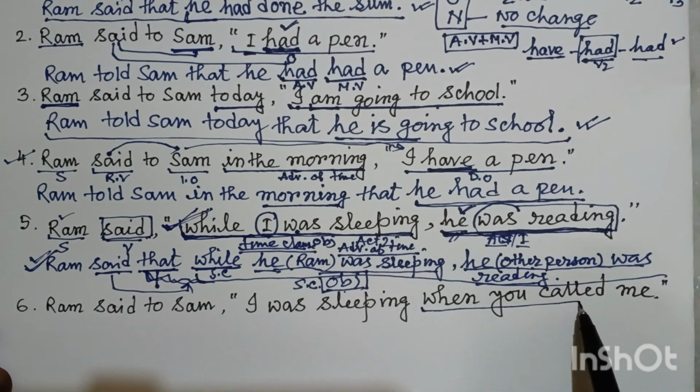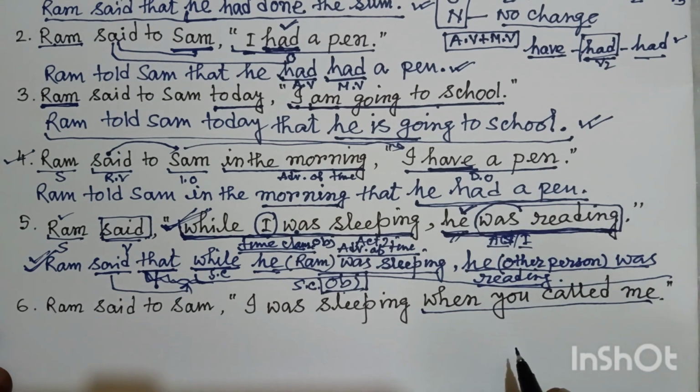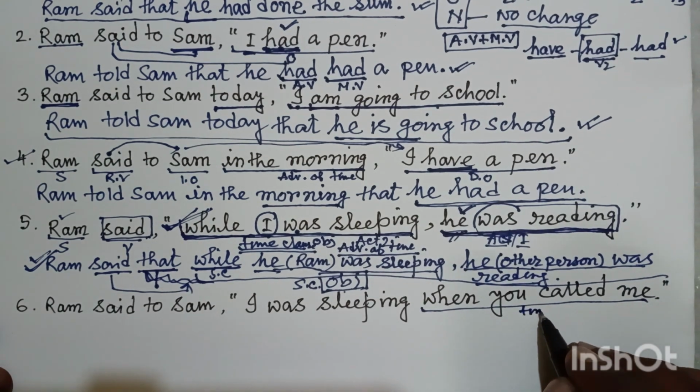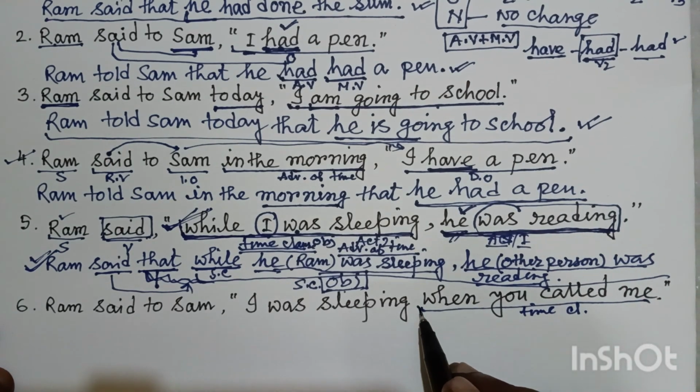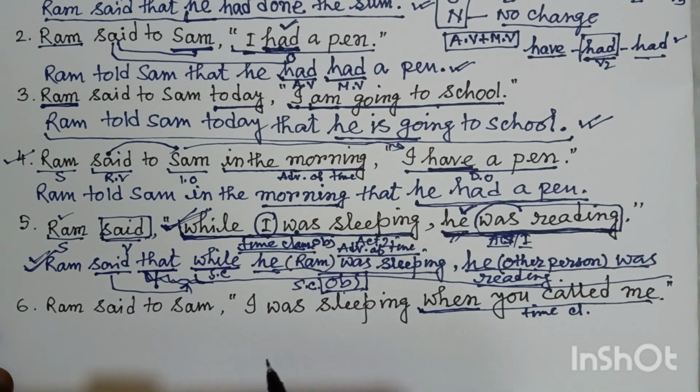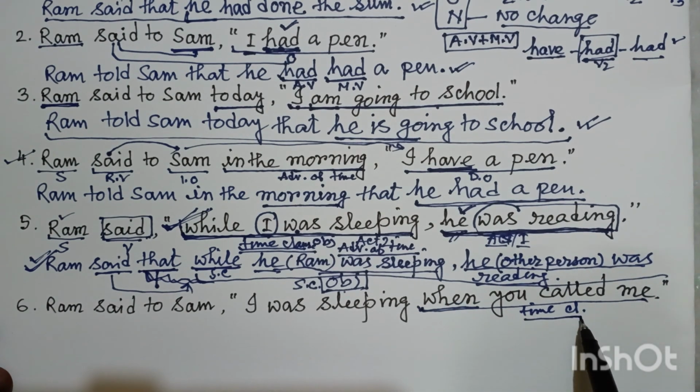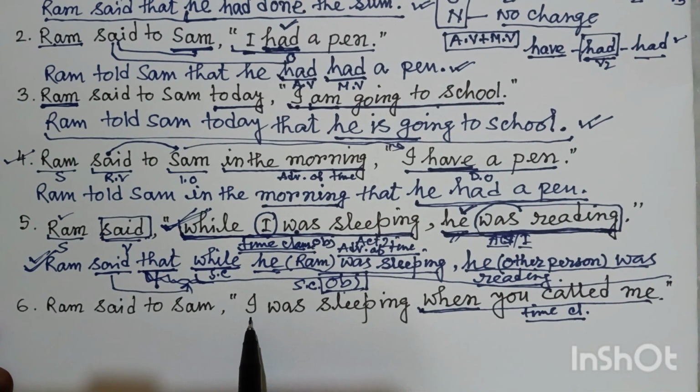Friends, look at this. This is the time clause. Here it is used "when". Actually, when shows the point of time. While shows duration, and when shows a point. So this is a time clause. As it is a time clause, we will not be able to change here.